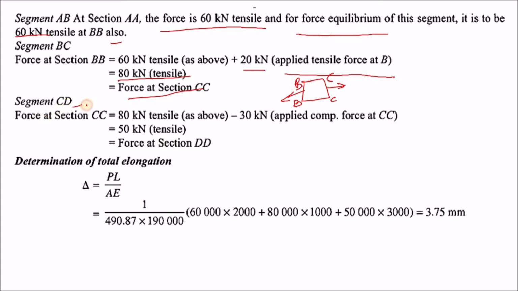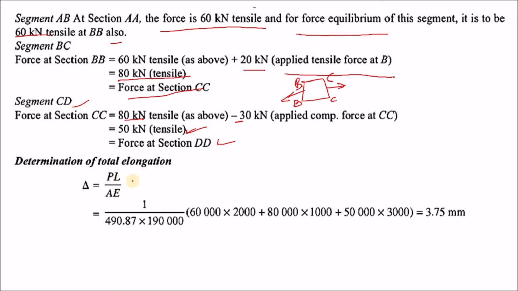For CD also we need to proceed in a similar way. At section CC, minus 30 is already given in the question. So 50 force at section DD. Same thing already explained. And we need to find the total elongation. We know the formula delta equals PL by AE.